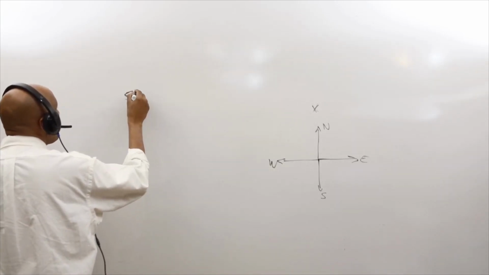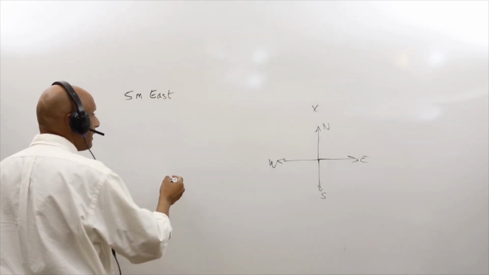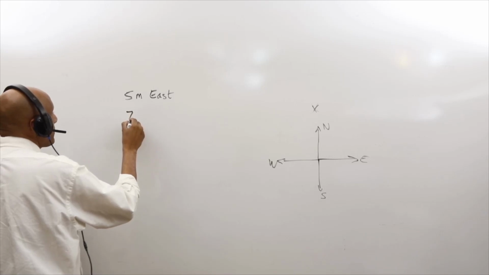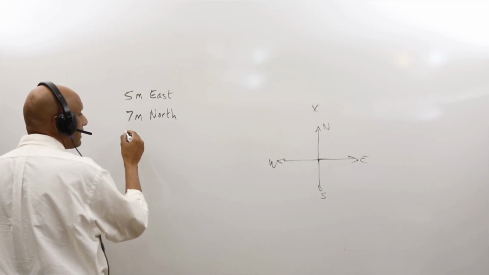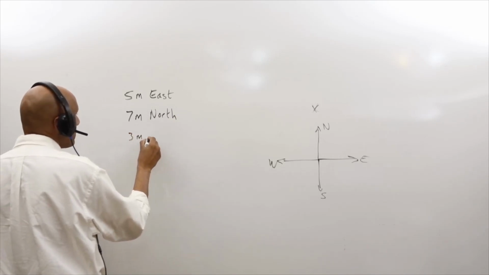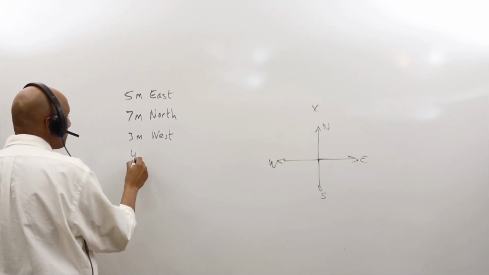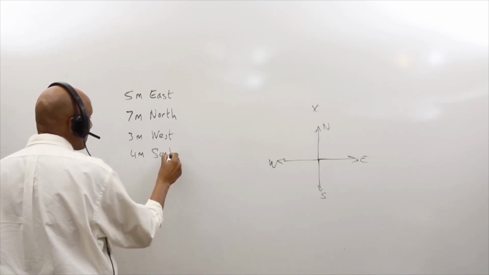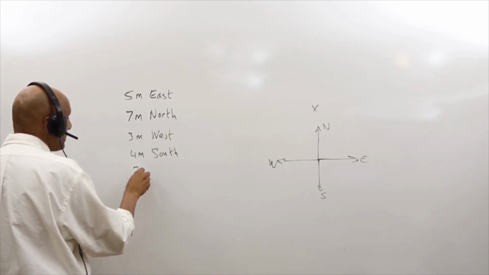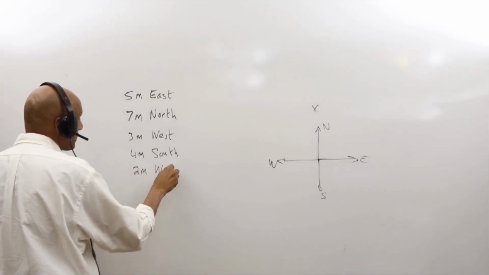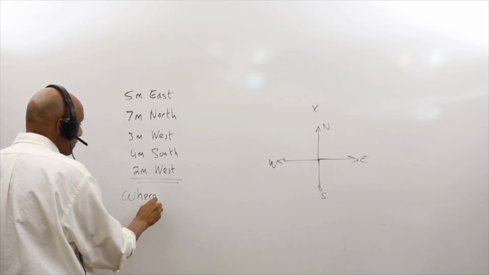I travel 5 meters east, and then I travel 7 meters north, and then I travel 3 meters west, and then I travel 4 meters south, and then let's add one more statement: I travel 2 meters west. And the question is, where am I?